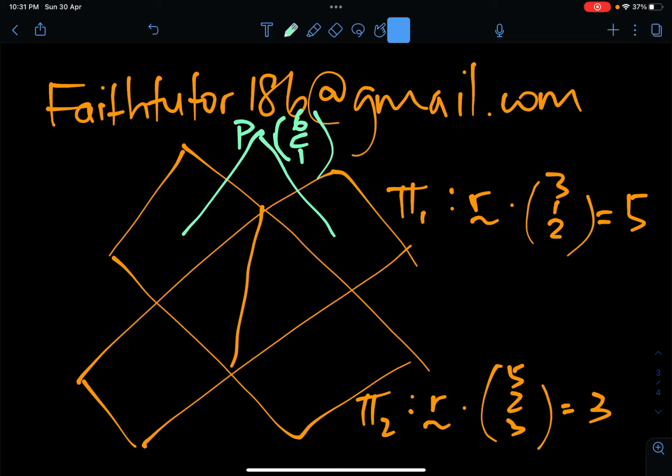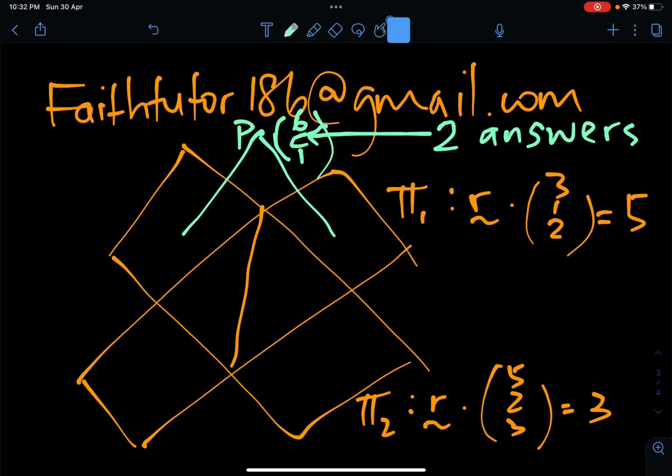But take note, the question says point P is equidistant. C is unknown. How many values of C do you think the answer would have? For those who said 2, you are very smart. C has 2 answers. Why?